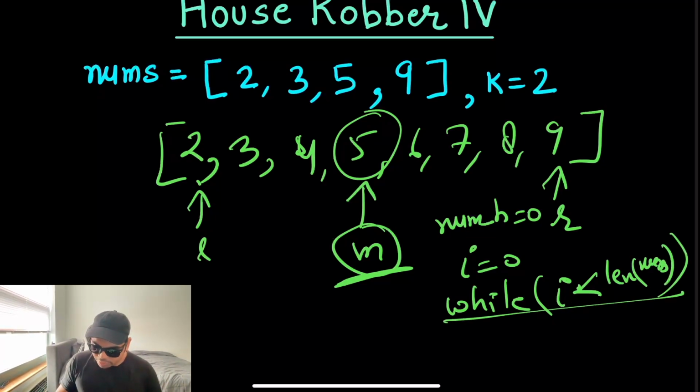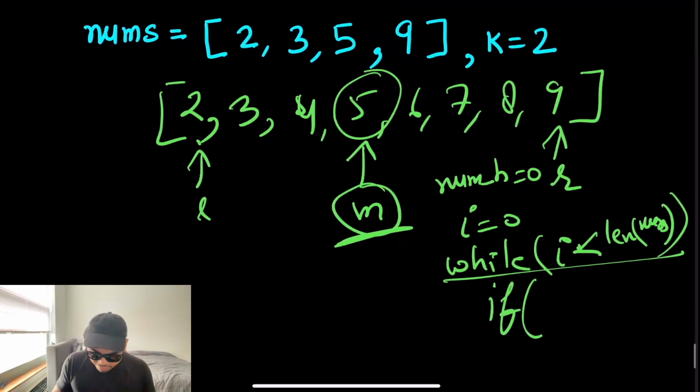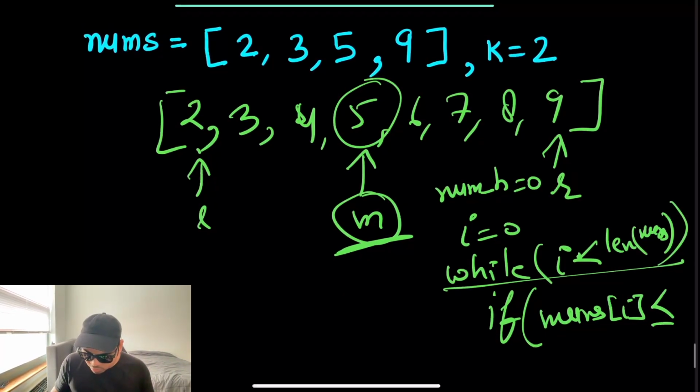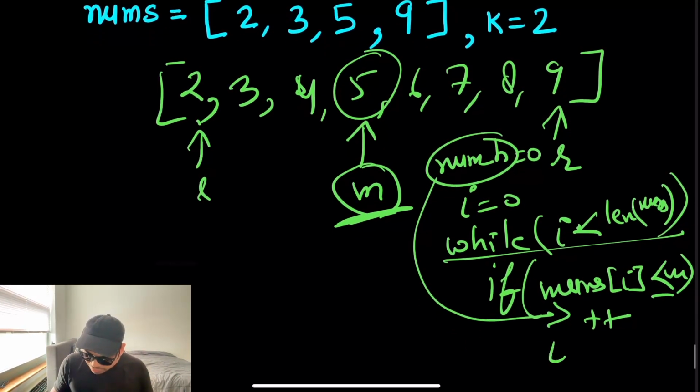then we keep going. What we're trying to do is, if nums[i] is less than or equal to the capability that we just chose, which is m right now, then we increment the number of houses, numH plus plus, and we increment i by 2.